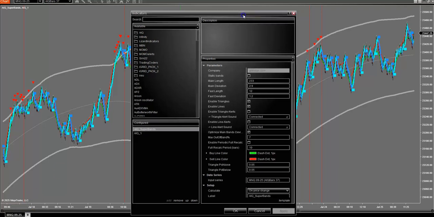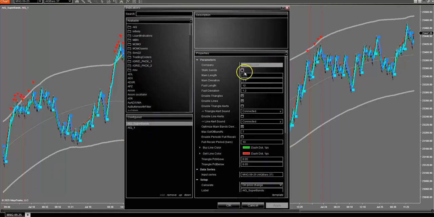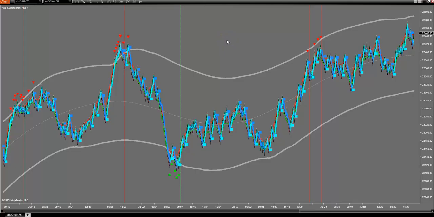Okay, finally, now you'll notice something different. In the past, in the regular mode, notice how the fast bands actually don't go outside of the main bands, but I'm getting cross signals. The programmer put in this ability to calculate what would have actually happened live, at least when you do a historical backfill.